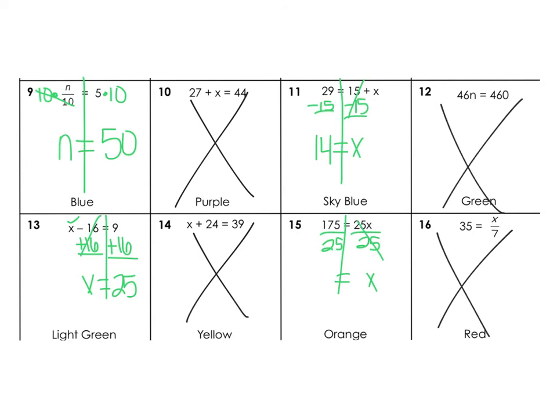I can do this one in my head, students, because I know 25 times 4 is 100. I know 25 times 3 is 75. So to get 175, I would need 7 25s. So for 15, x equals 7.